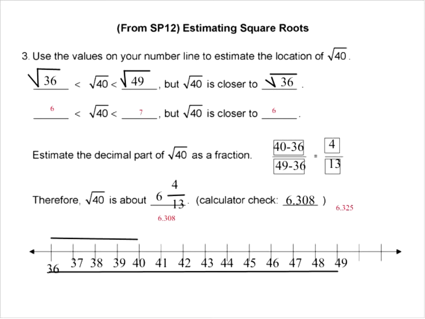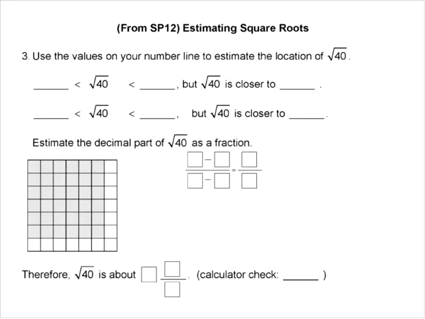Okay. So now let's do the same one using the area model. While Jill is helping me fill out these two rows up here, because we already did that in the previous slide, let's focus on the square right here.